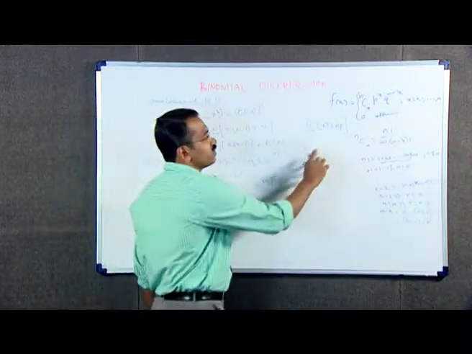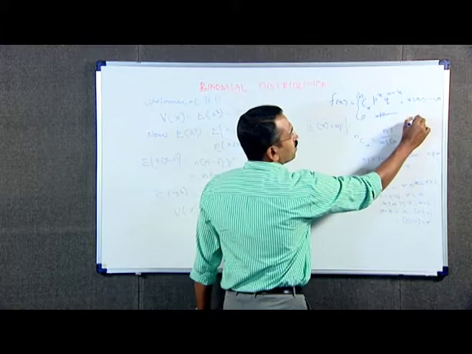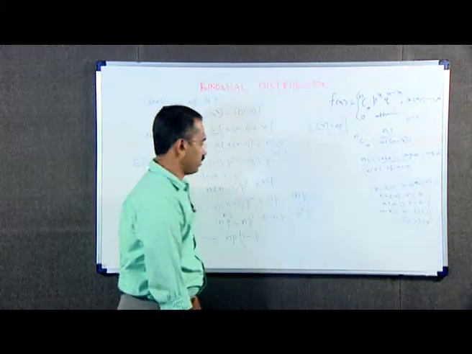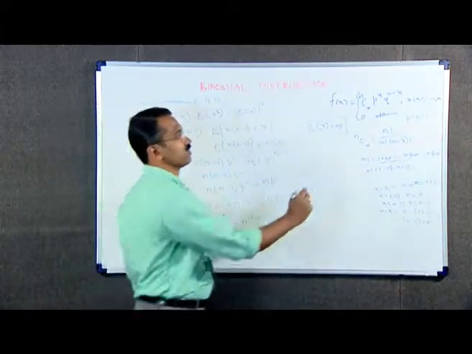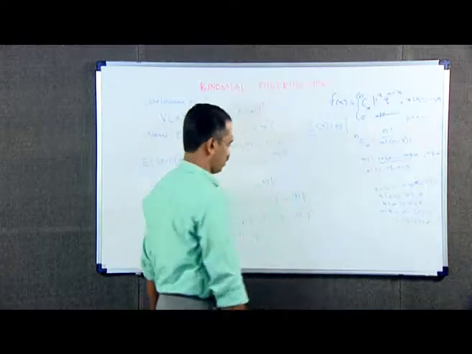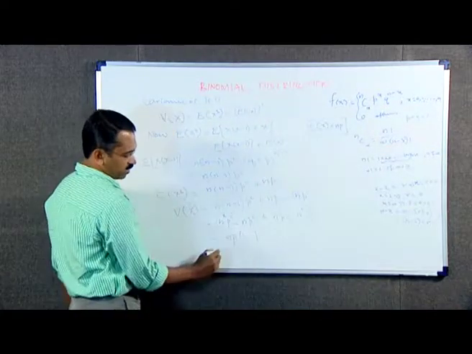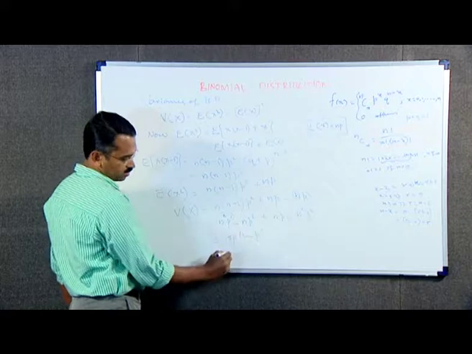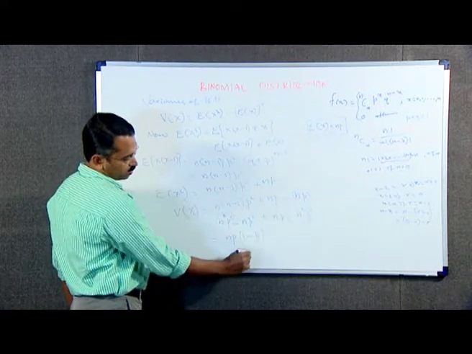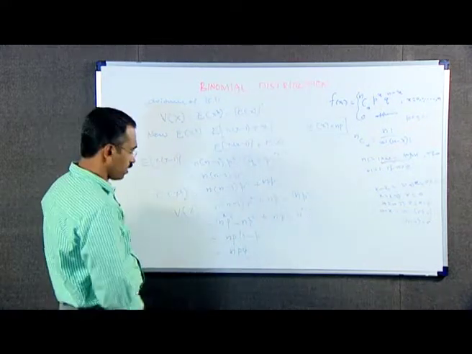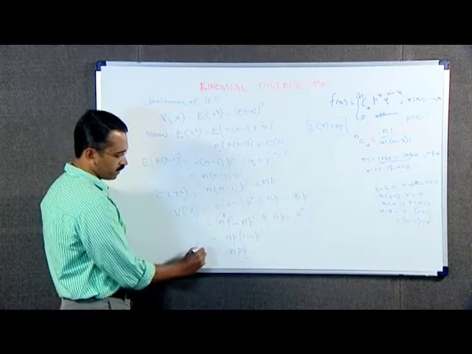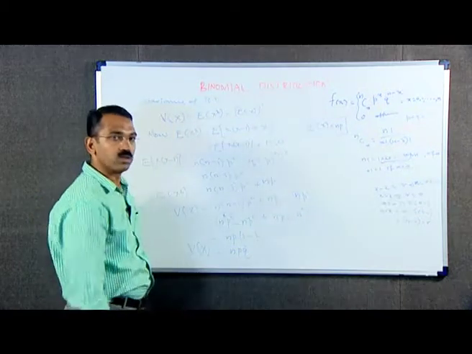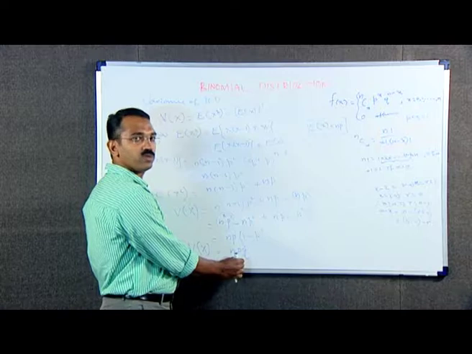For the binomial distribution, we have p plus q equal to 1, that means 1 minus p equal to q, we substitute here, that is np into q. That is, the variance of a binomial distribution is n into p into q.